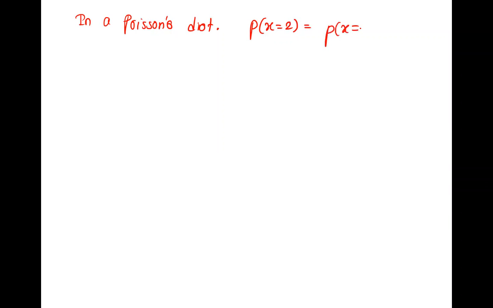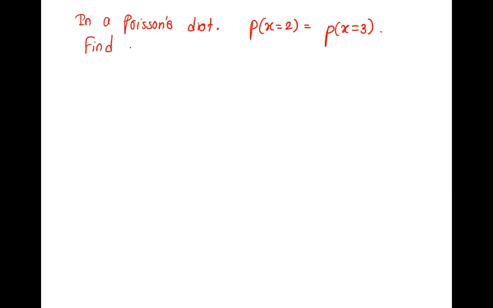In a Poisson distribution, probability of x is 2 is equal to probability of x is 3.